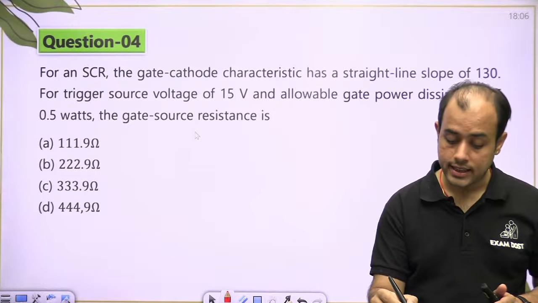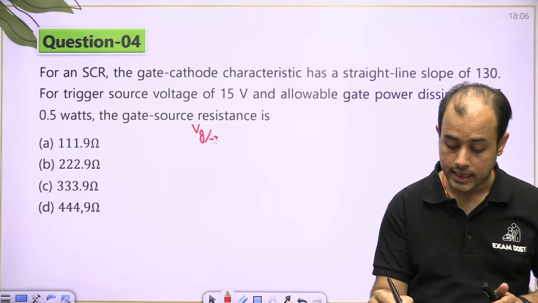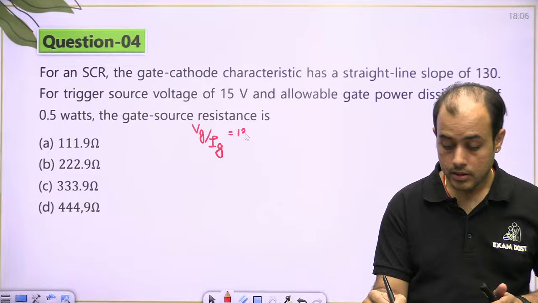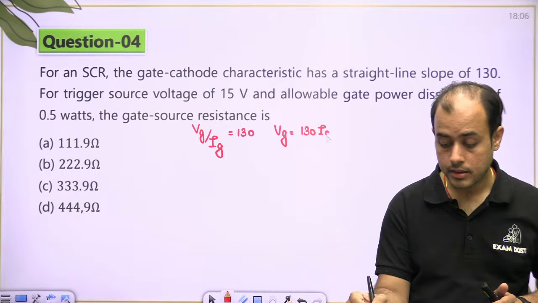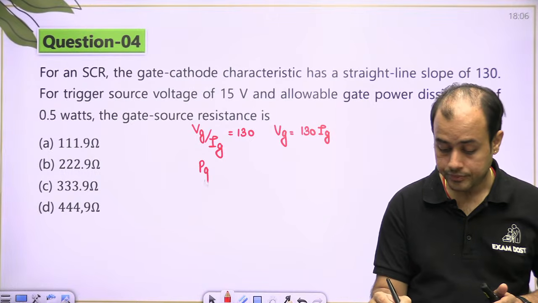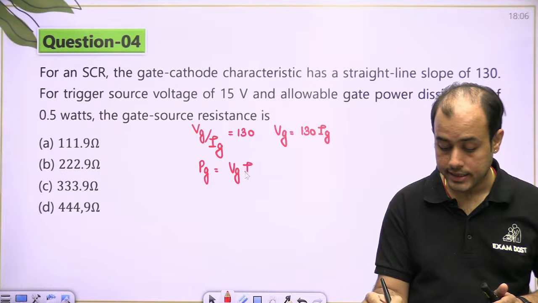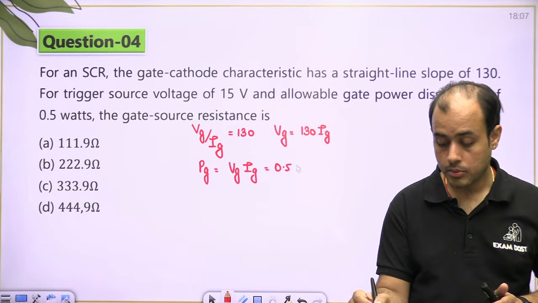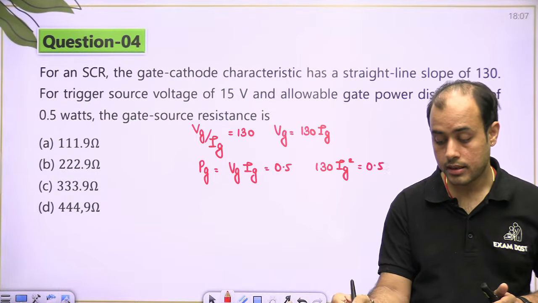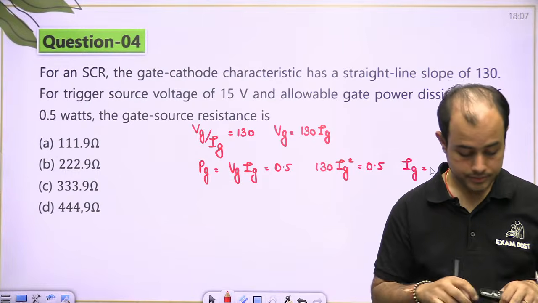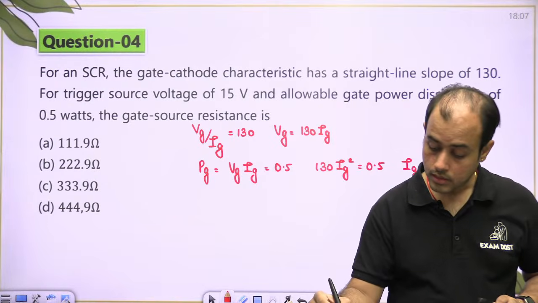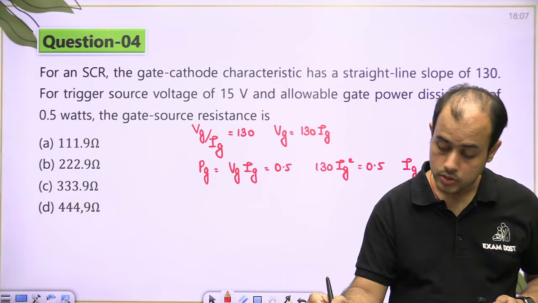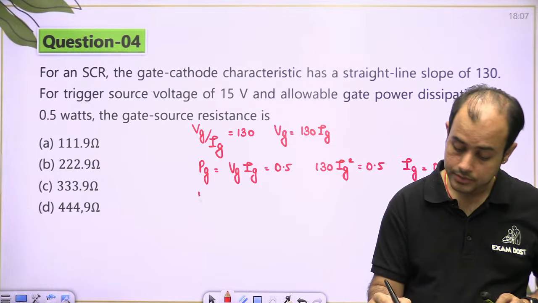SCR has a gate cathode characteristic that is a straight line. Okay, so we saw this type of question already. Now PG equal to VG IG, 0.5. 130 IG square is 0.5. So what is IG? 0.06201 ampere.